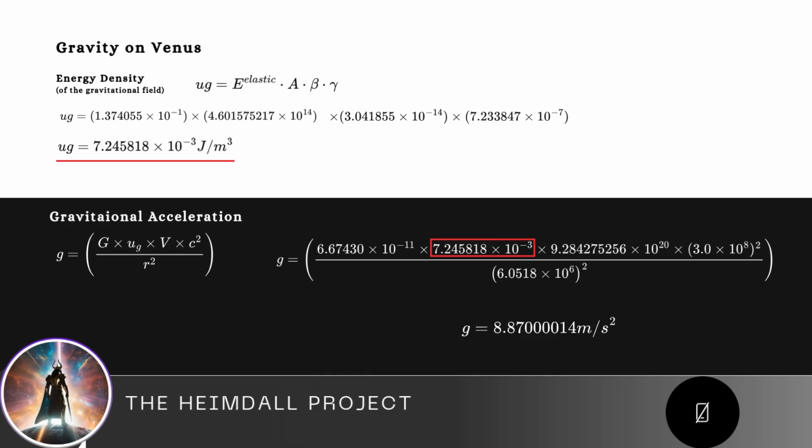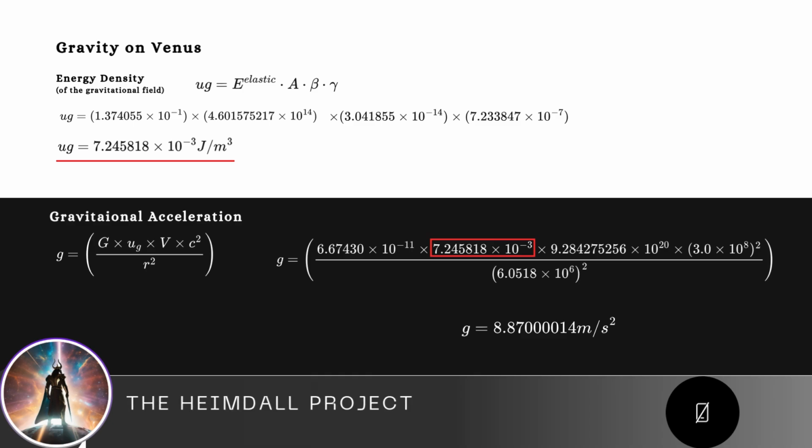Okay, so the gravitational acceleration. So now that we have done the energy density calculation, and we have gravitational constant times energy density times volume times the speed of light squared.